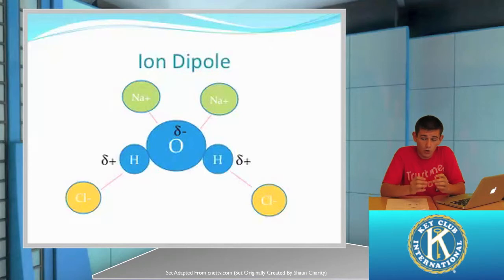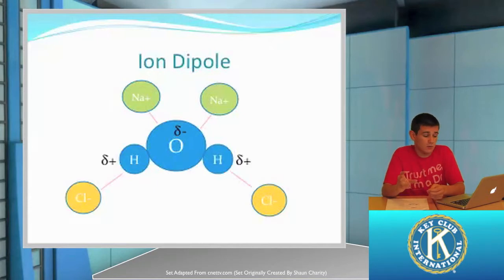The water molecule itself, as we know, is a polar molecule, which means that the oxygen has a partial negative charge because it is more electronegative and thus draws the electrons toward it, and the hydrogen has a partial positive charge because it has a lower electronegativity and thus has less of the electrons. So what ends up happening is the positive sodium cations are attracted to the partial negative oxygen atom.